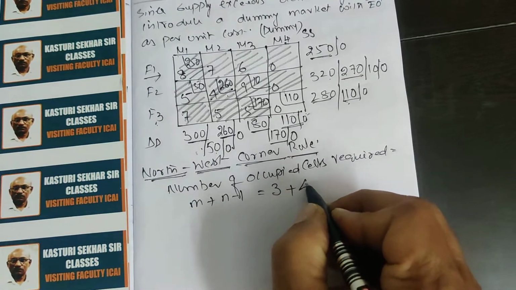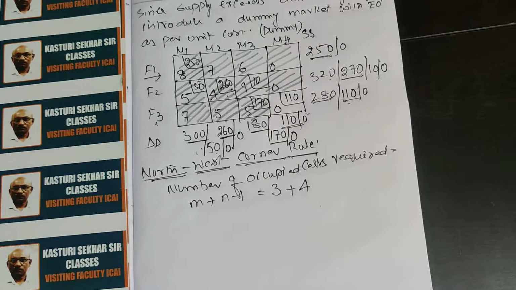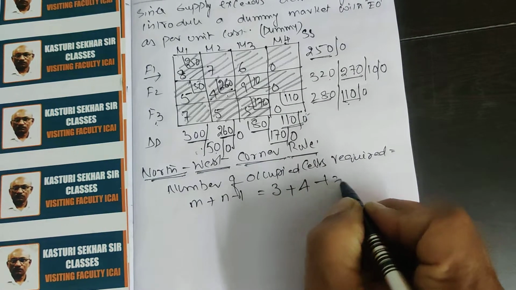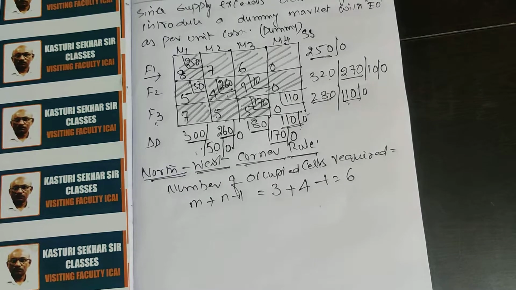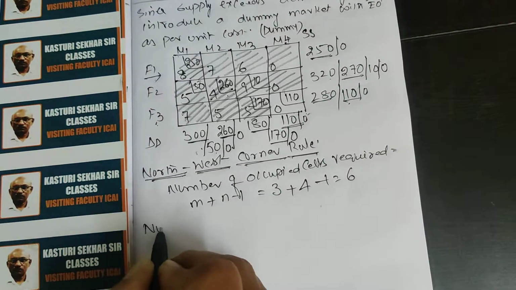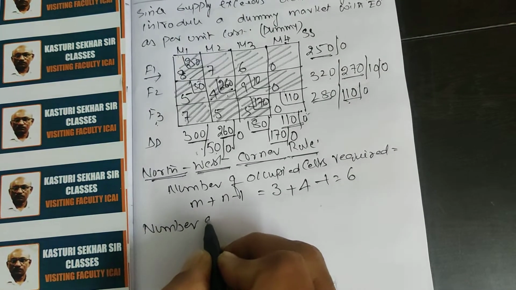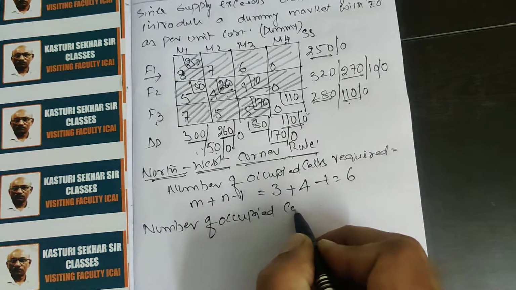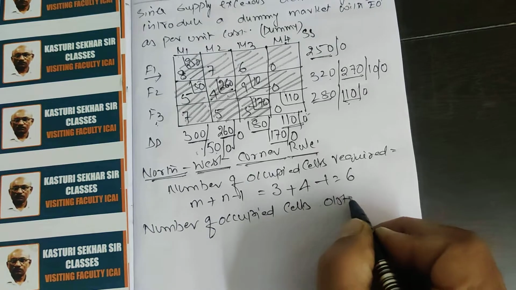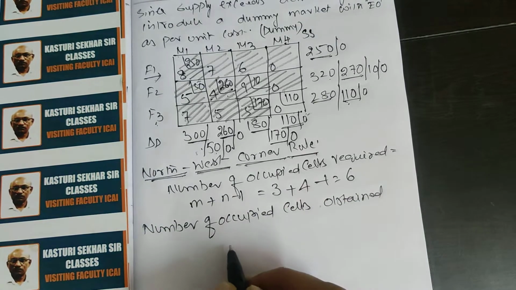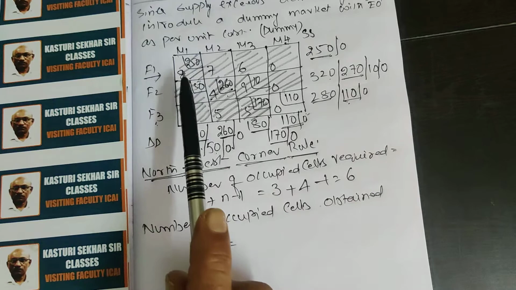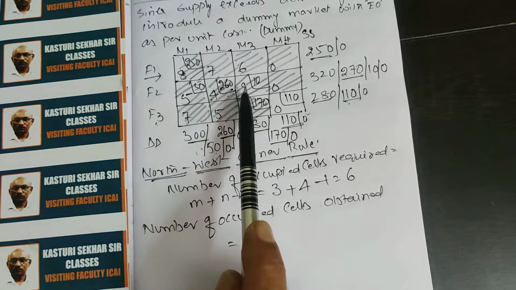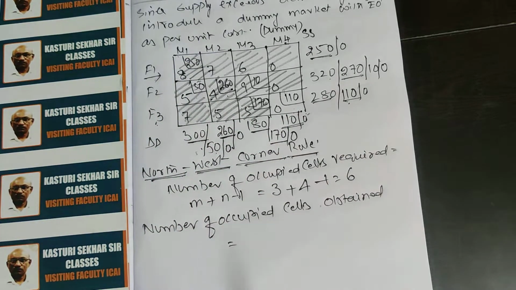N stands for number of columns. 4 columns we have, minus 1. 6 occupied cells are required. Number of occupied cells obtained is equal to, let us see, 1, 2, 3, 4, 5, 6.